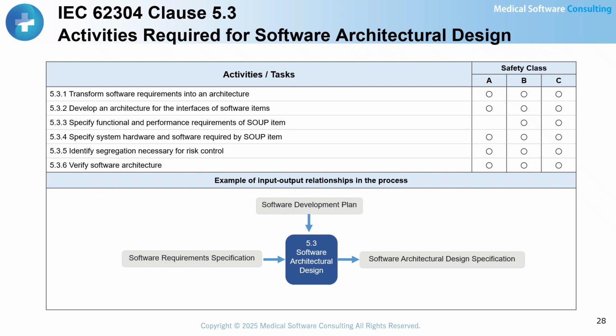In addition, for software items that implement risk control measures, a failure could directly result in patient harm. Therefore, such items must be clearly separated from other software items, and this separation must be identifiable in the architectural design specification. In practice, it is helpful to use modeling tools to show how risk control software items are separated from other items in the architecture.